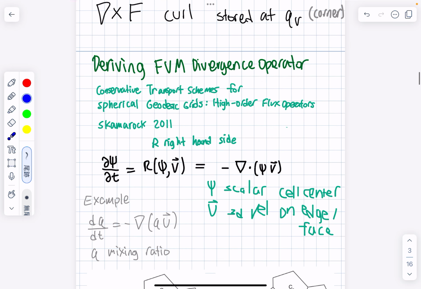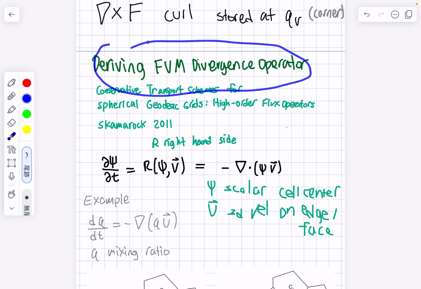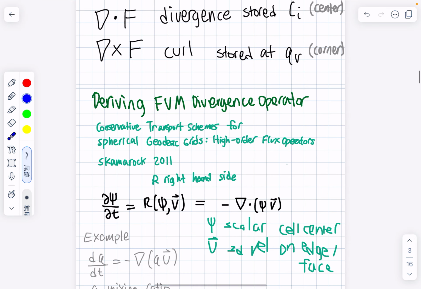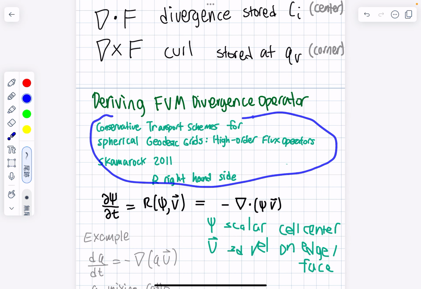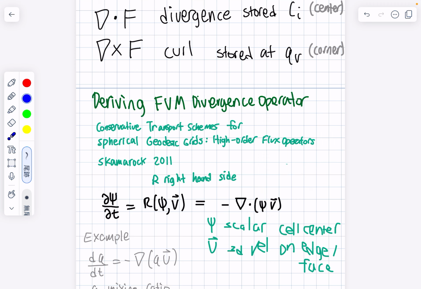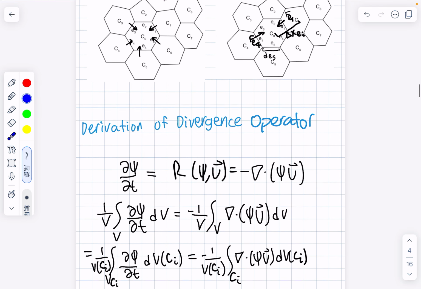So now we're going to derive the finite volume method divergence operator, and the derivation doesn't come from this paper, but the result is written in this paper, Conservative Transport Schemes for Spherical Geodesic Grids by Skamarock in 2011.